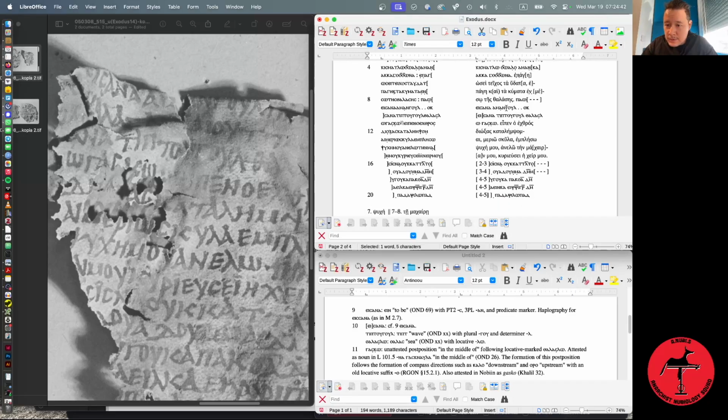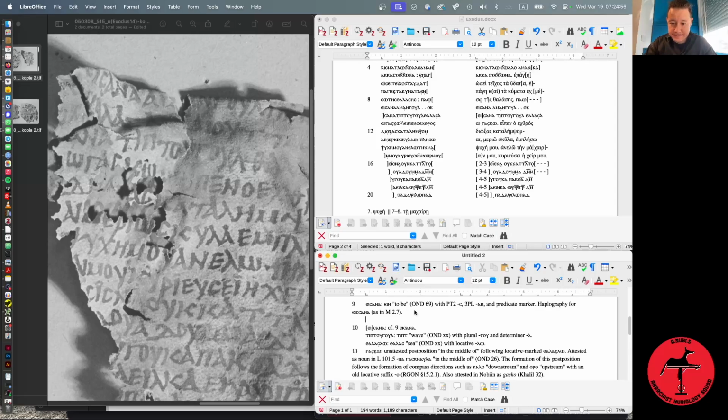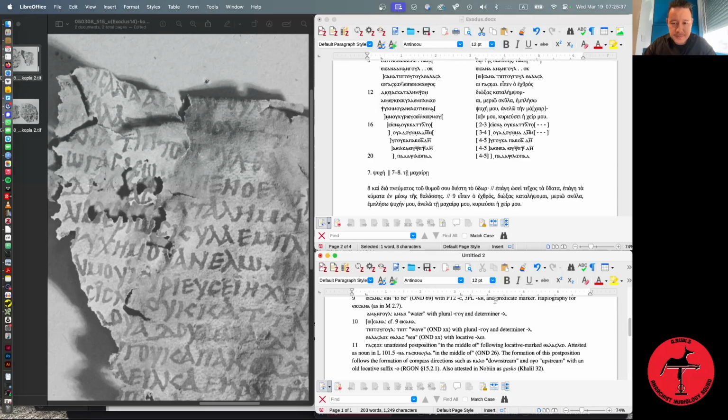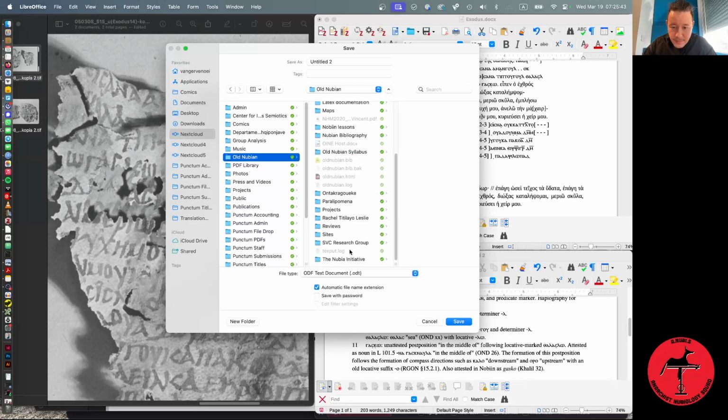Where was I? Amangul. So this is the waters. Okay, to the top. Right. Do I need to save this?